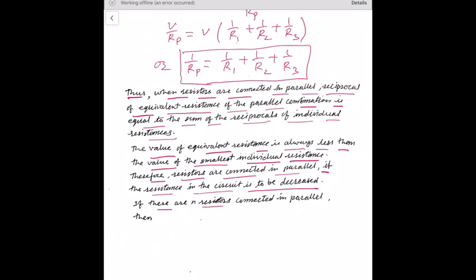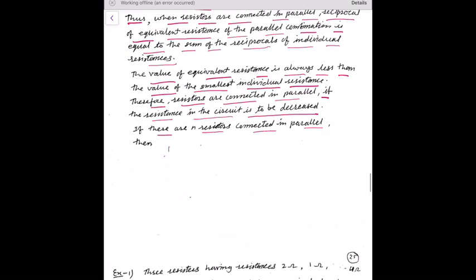If there are n resistors connected in parallel, then 1 upon Rp is equal to 1 upon R1 plus 1 upon R2 plus 1 upon R3 ... 1 upon Rn.